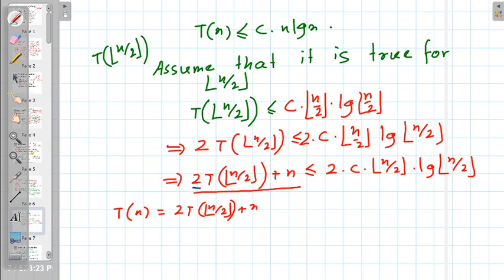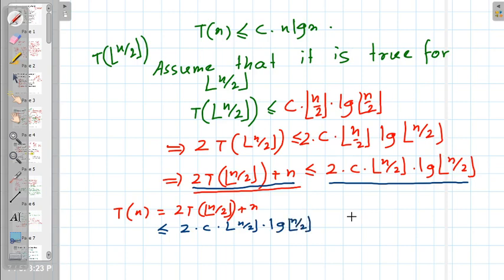We are getting that this is less than or equal to 2 times c times floor n by 2 times log n by 2, and plus n, since both sides I am adding n.